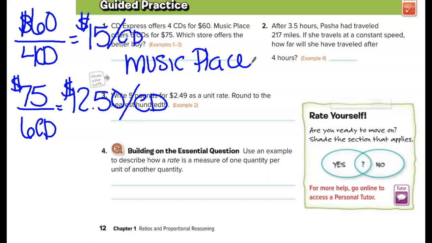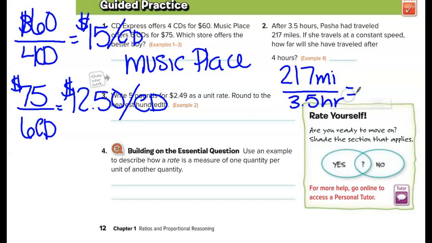Number 2, after 3.5 hours, Pasha had traveled 217 miles. If she travels at a constant speed, how far will she travel after 4 hours? How are we going to write our ratio that we are given, Addie D? Good, because we would say miles per hour, right?